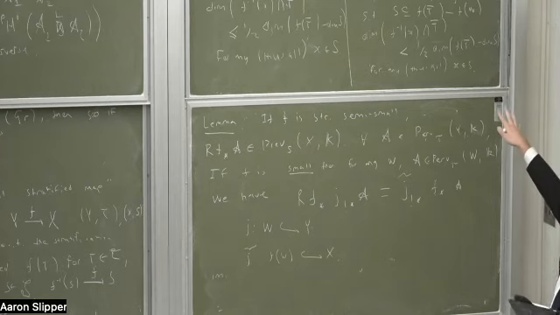So when you have a small map, perversity behaves very, very well.